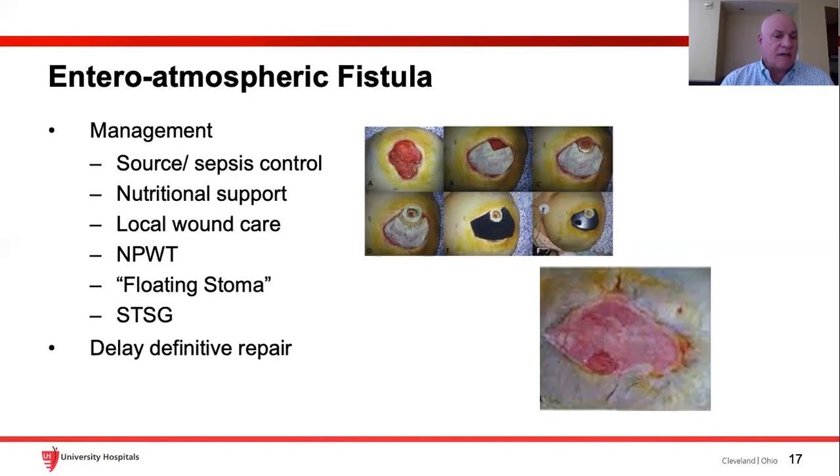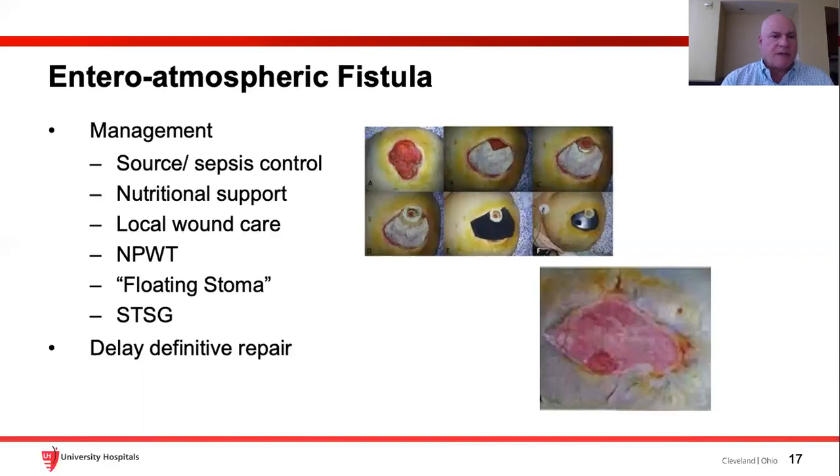Vacology has transformed the field, and the use of floating stoma as depicted here can help compartmentalize the wound so a split thickness skin graft can be achieved and a temporary abdominal closure provided.